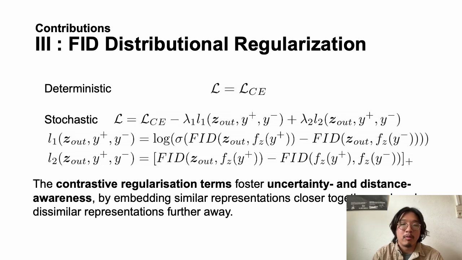I'll explain a bit more about positive and negative examples in the next slide. These both work as contrastive regularization terms that foster uncertainty and distance awareness in the training. Each term works by embedding similar representations closer together, while also pushing dissimilar representations further away from each other.